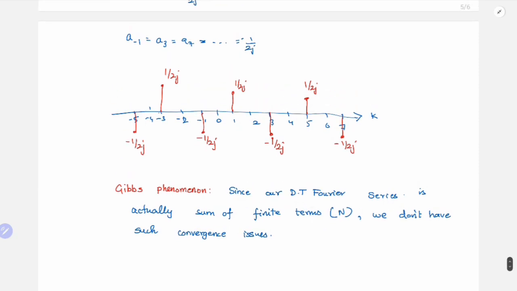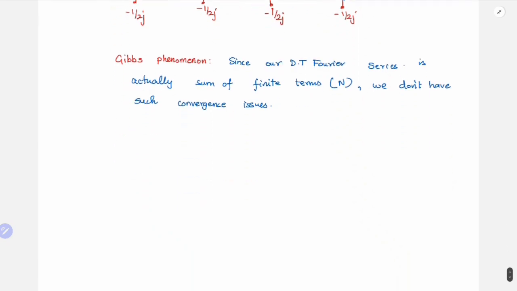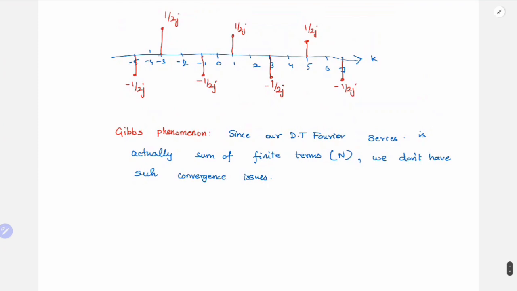Once you have all the n terms, it is going to definitely converge. So there is nothing like continuity or discontinuity in the discrete time domain, right? So we don't have any convergence issues here.